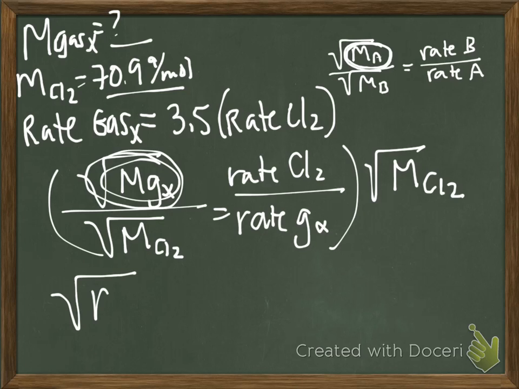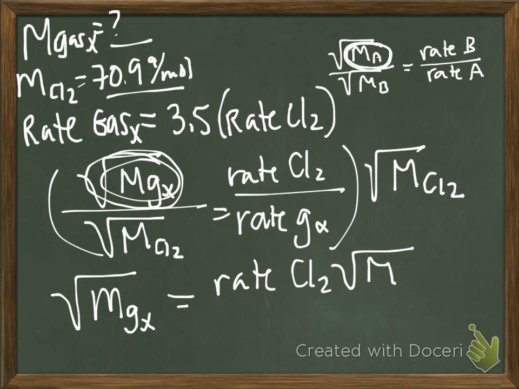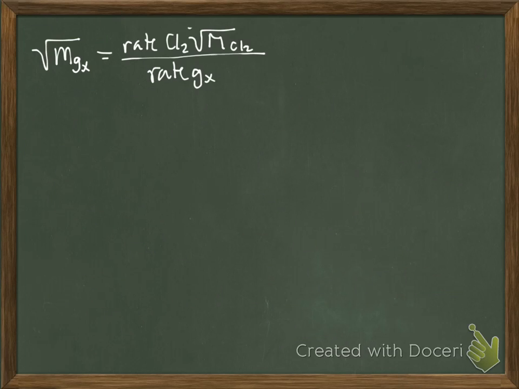That gives me the square root of the mass of gas X equals the rate of Cl2 times the square root of the molar mass of Cl2 over the rate of my mystery gas. We start there. Now, remember, of course, we can do anything in algebra as long as we do it to both sides of the equation.